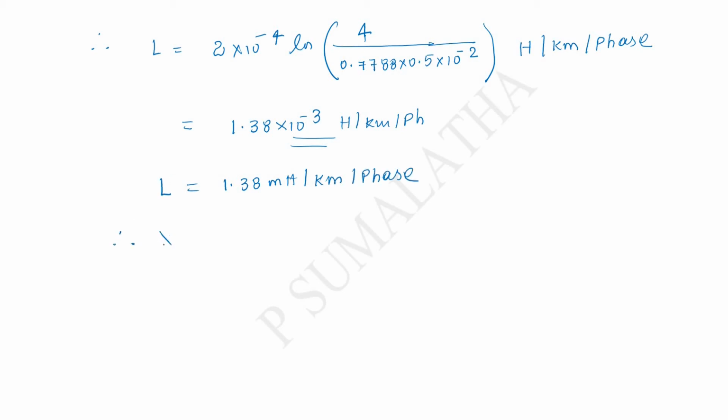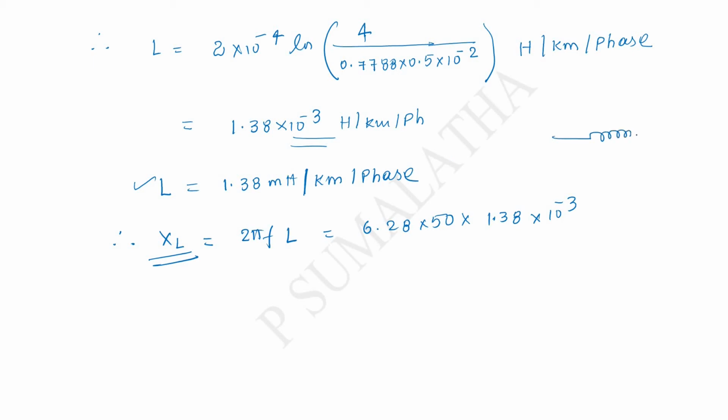Therefore, you can find the inductive reactance XL, that is 2 pi F into L. So 2 pi, 6.28, into the frequency given as 50 Hertz, and the inductance 1.38 into 10 to the power of minus 3. This is per kilometer, so for 1 kilometer it is the inductance. But you need to find the reactance value.